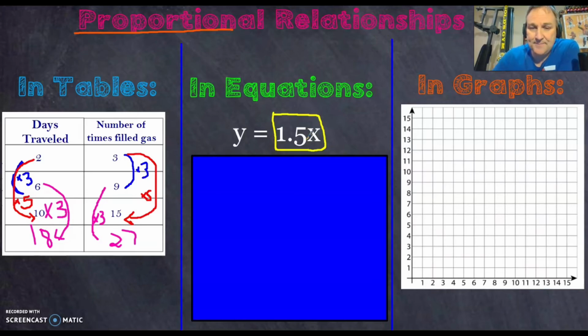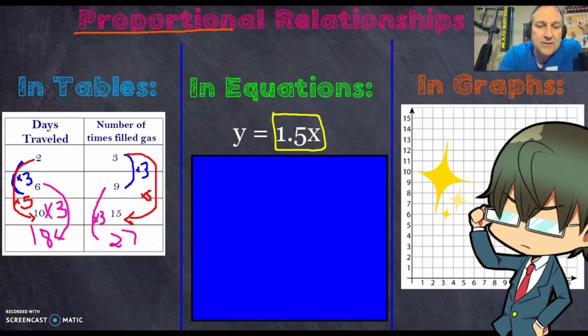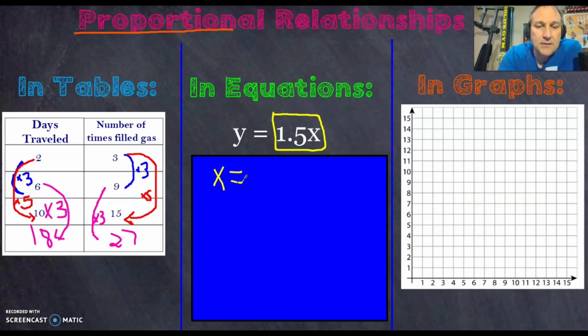Why? Here's why. If I were to say x is 2, what does y equal? 1.5 times x, so 1.5 times 2. If I were to plug 2 into here, if x is 2, 1.5 times 2 is 3.